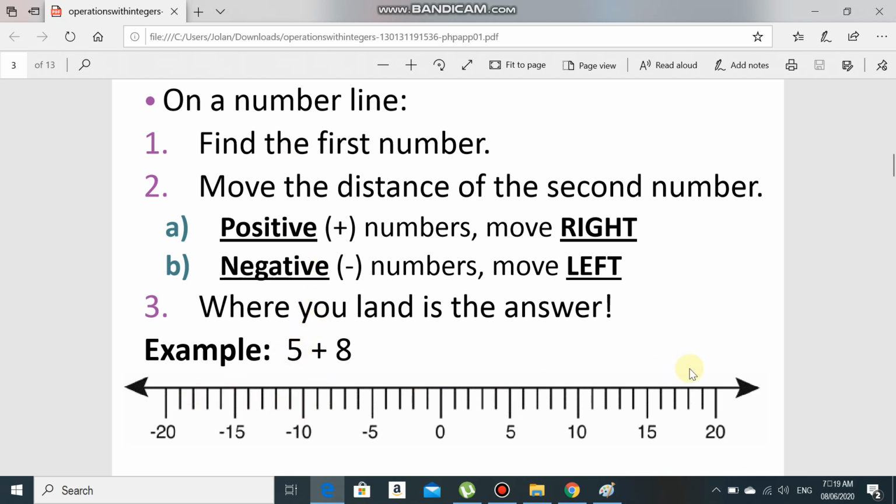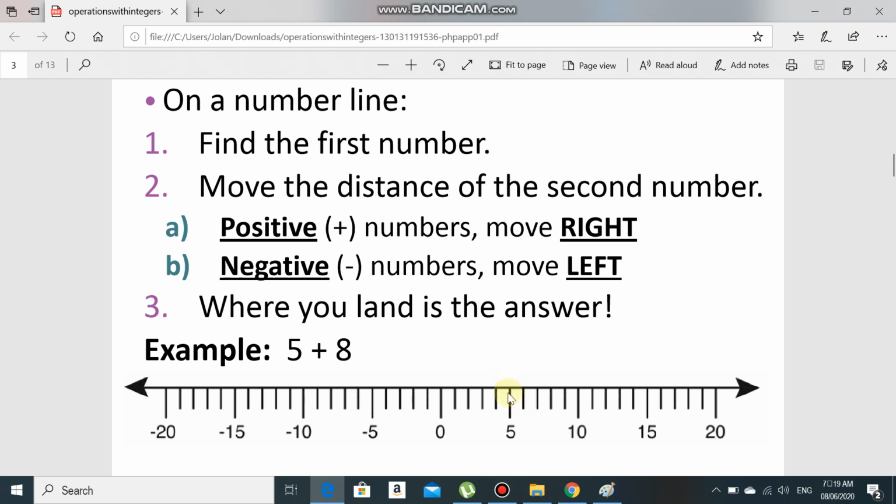It is located to the right of 0. The second number is also positive, so we move to the right 8 units.